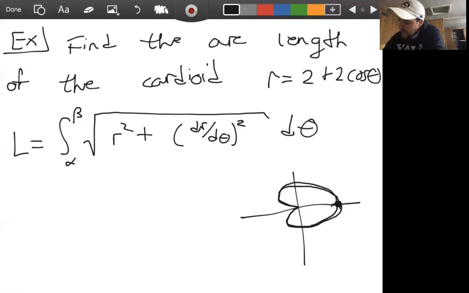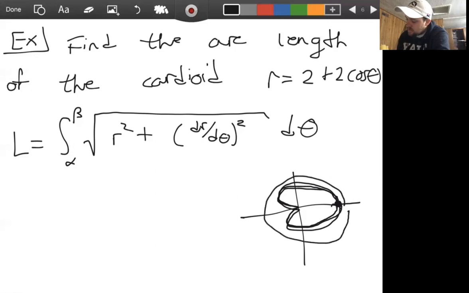We notice that as we go around the cardioid once, as we make one full 2 pi rotation, we trace out the cardioid exactly once.